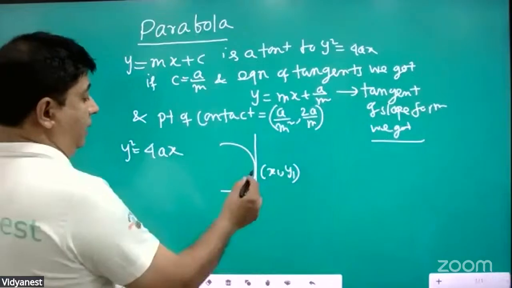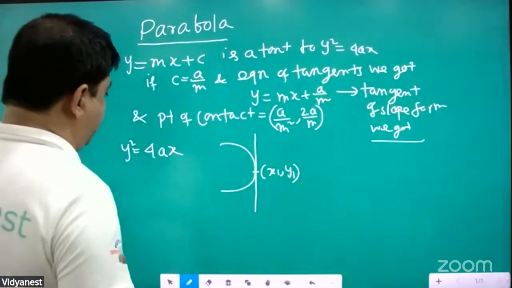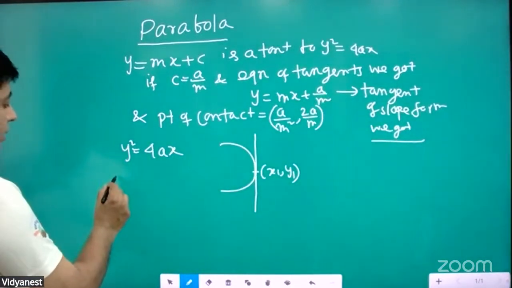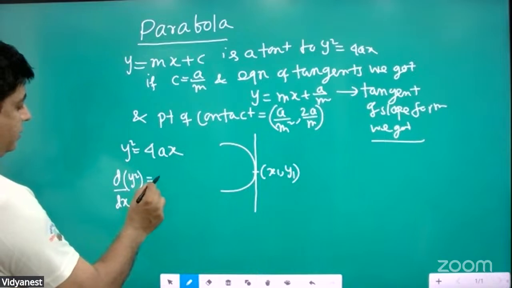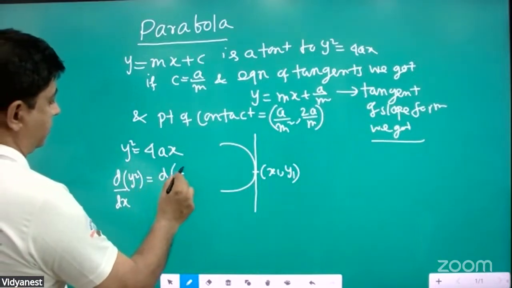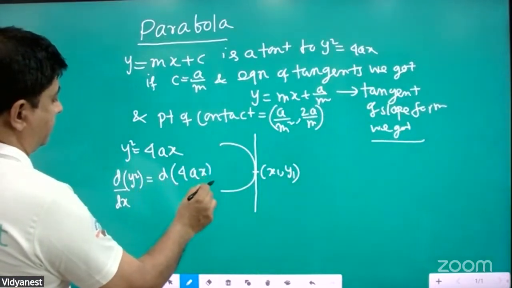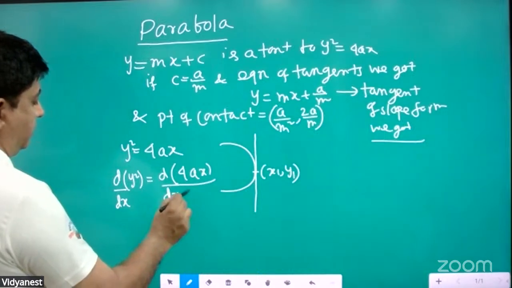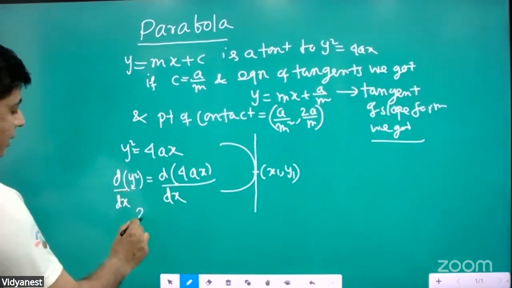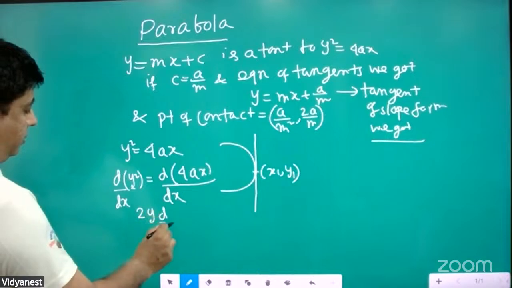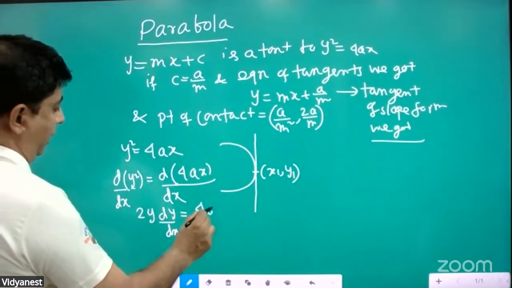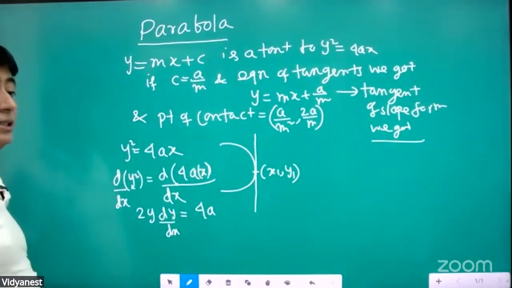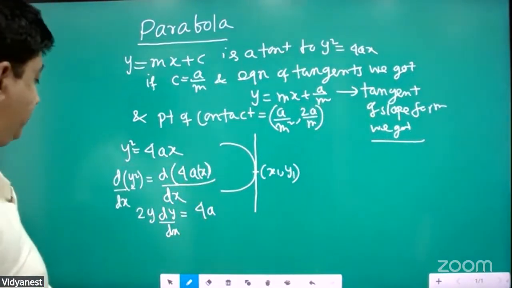We will find the equation of the tangent. To do that, you differentiate both sides with respect to x. By the chain rule you can write 2y dy/dx = 4a, because x's differentiation is 1.